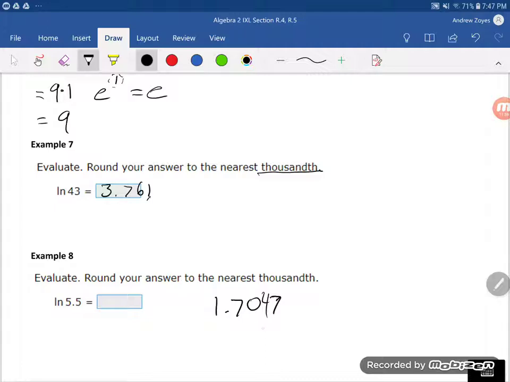Remember, our thousandth place is going to stop right here. So we look at the 4 and determine whether it needs to go up or stay the same. It has a 7 next to it, so this 4 needs to go up by 1. So we round it up to 1.705. Okay? And that is it.